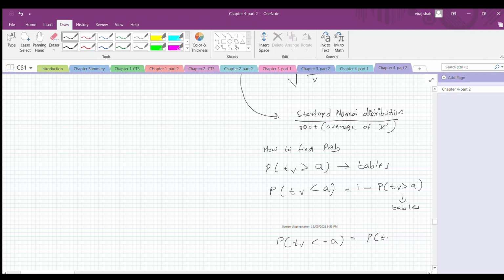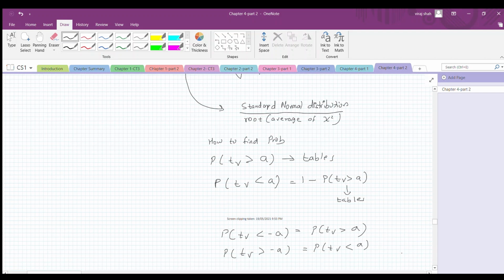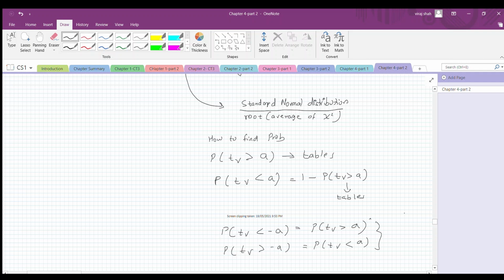So less than sign becomes greater than sign and the negative sign vanishes, so I get greater than a. Similarly, for T greater than minus a, the greater than sign becomes less than, and the minus sign vanishes away. This is similar to what we did in the first part. Okay, this is how you calculate.